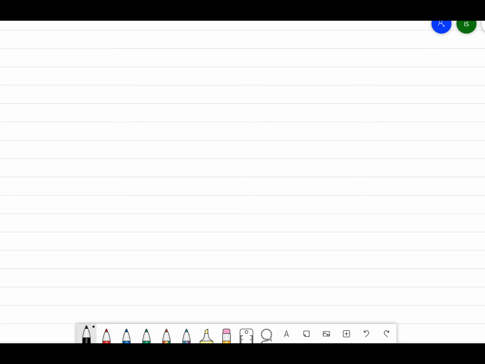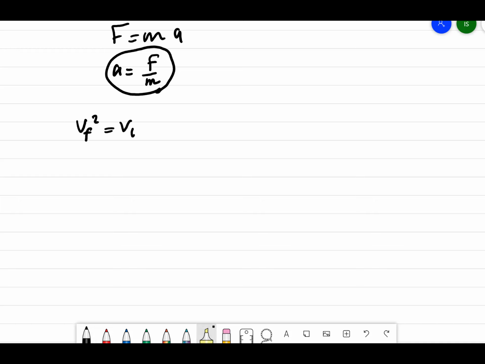From Newton's second law, you know well that F equals ma, so a equals F over m. Don't forget that. From equations of motion, you know that v final squared equals v initial squared plus 2ad, or s, whatever.